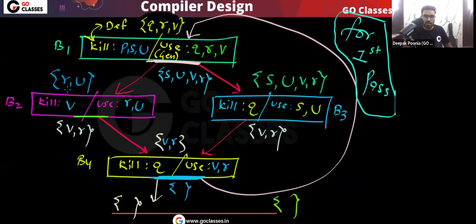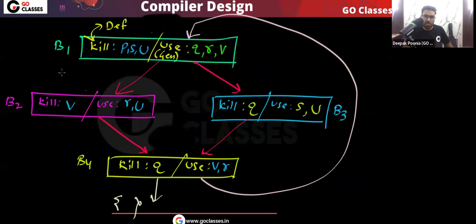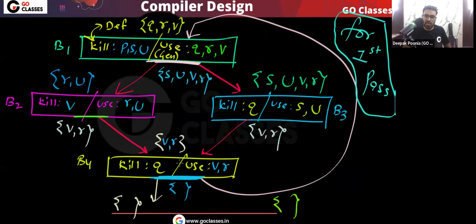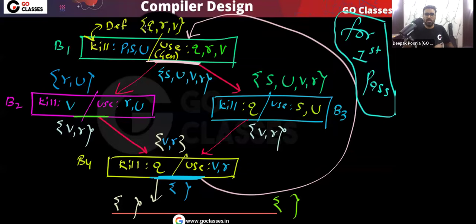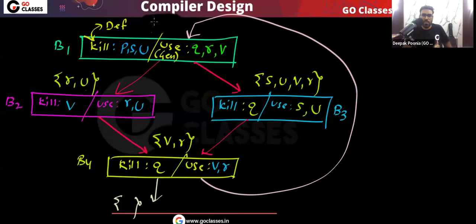So you can see here we have RU. Then here we have SUVR. Here we have SUVR. Next, here we have VR. Next, here we have QRV. Here we have QRV.